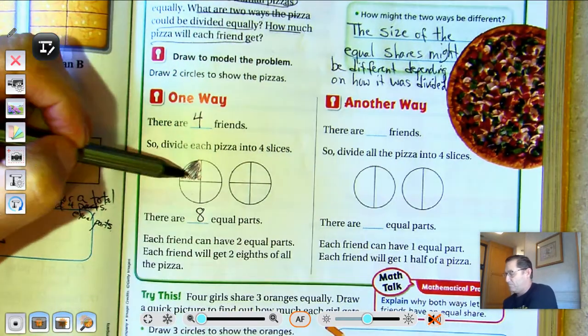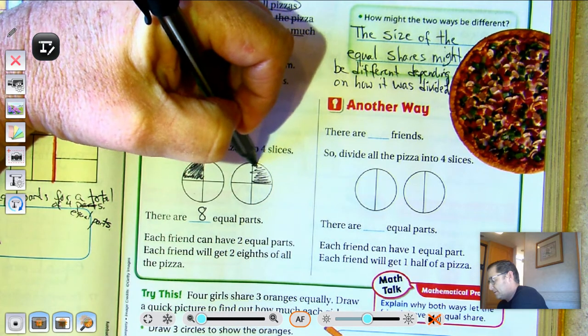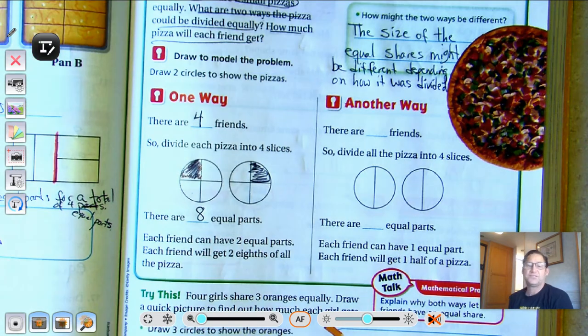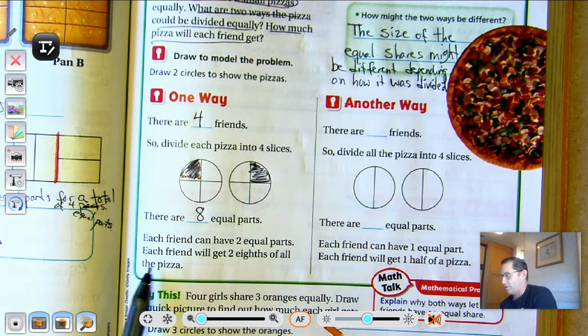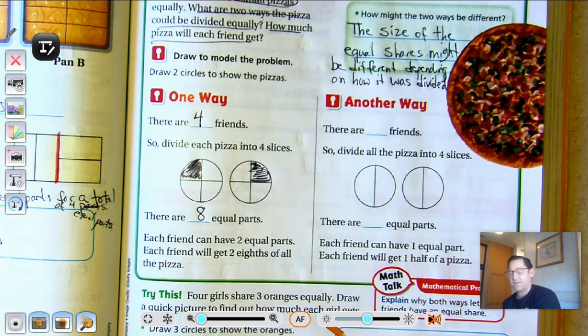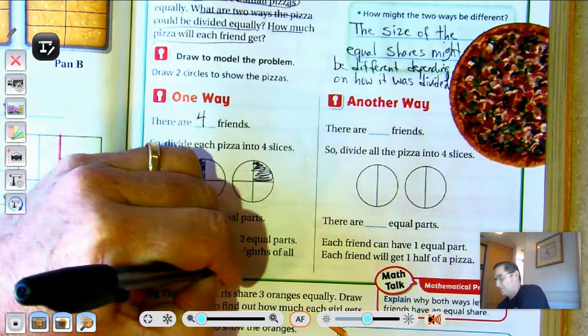The one friend can get 1 piece of this one and can also get 1 piece of this one. So he's getting 2, or she is getting 2 out of the 8 pieces. So each friend can have 2 equal parts. Each friend will get 2/8 of the pizza. 2/8.